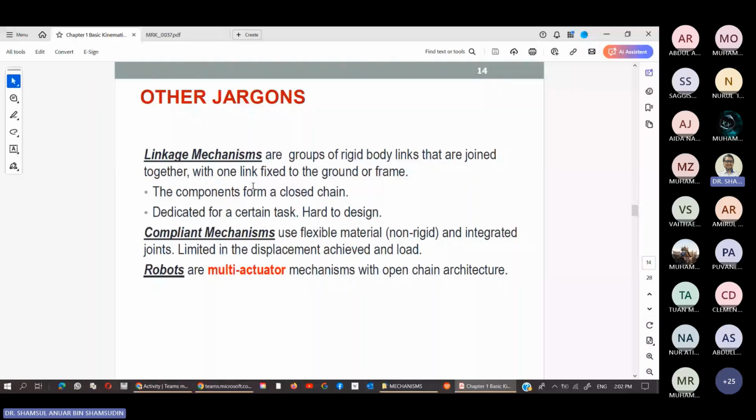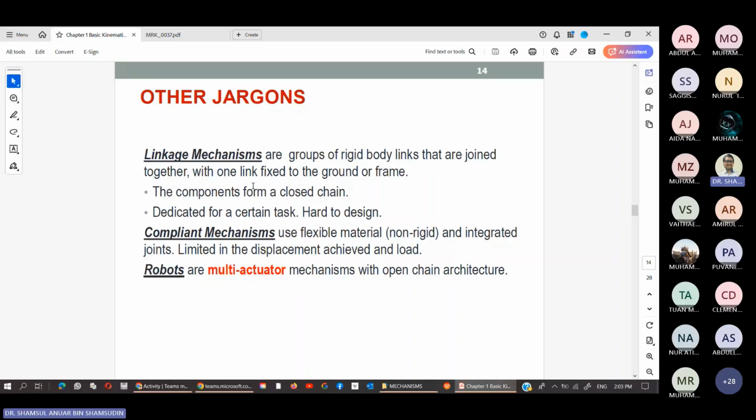I mean, everything deforms actually if you look at the minute scale, but from a wider perspective, things that are hard we consider as rigid. So the overall structure of it does not change as this thing moves, either in translation or in rotation. So the shape will still remain the same. So those are rigid body mechanisms or rigid body linkages.